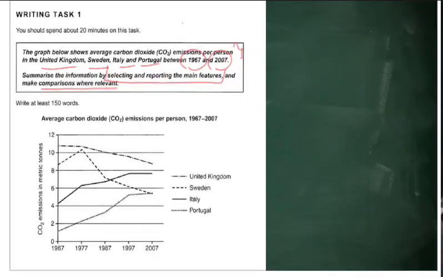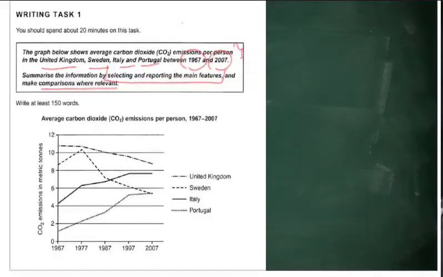Again, if you look at this, we have different indicators. We have these four places: the UK, Sweden, Italy, and Portugal. We have a range of years given, so it's not two specific years but rather a range: 1967, 77, 87, 97, and 2007. So we have a decade's difference between each, and you can always find differences over 10 years. How did the CO2 emission per country go up or down?